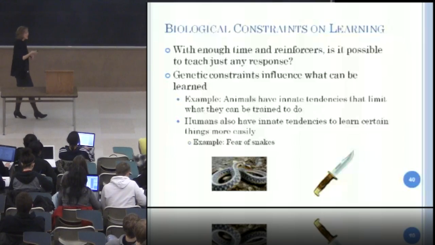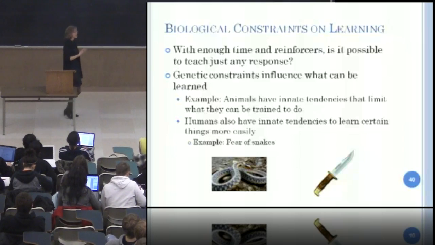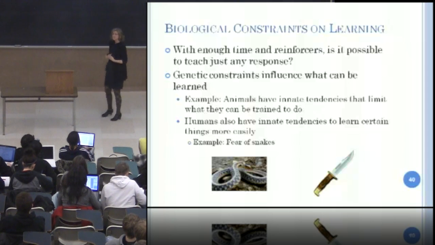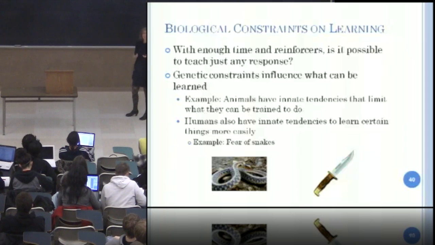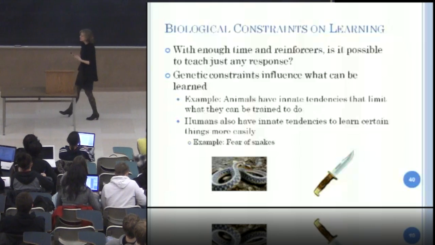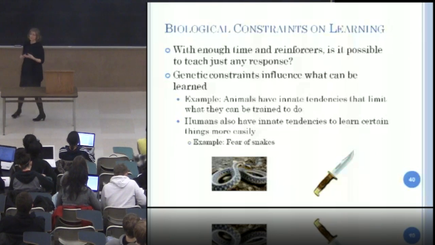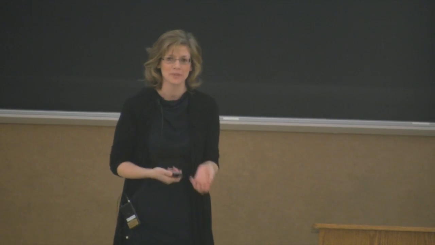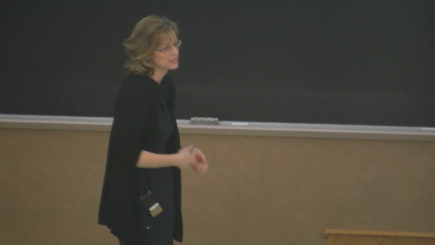Even they, though, had a lot of difficulty with certain types of training. There were some things they just couldn't get the animals to learn to do because they violated the animals' natural tendencies. There are certain things we just seem to not be able to learn because they violate our natural tendencies.